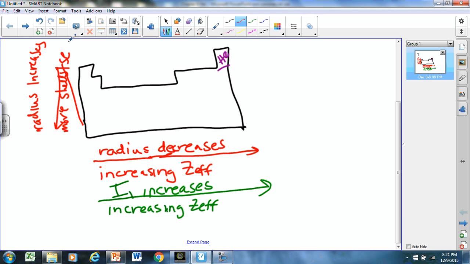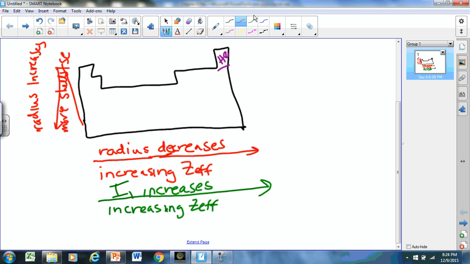Let me just go through that again. There's more shells and more shielding electrons, which means the distance from the nucleus is bigger. When the distance from the nucleus is bigger, the Coulombic force is weaker. When the Coulombic force is weaker, the valence electrons aren't held as tightly, and because the valence electrons aren't held as tightly, the radius is bigger.